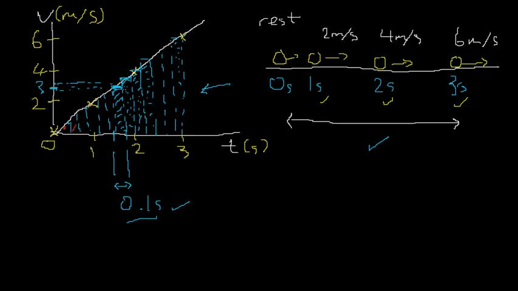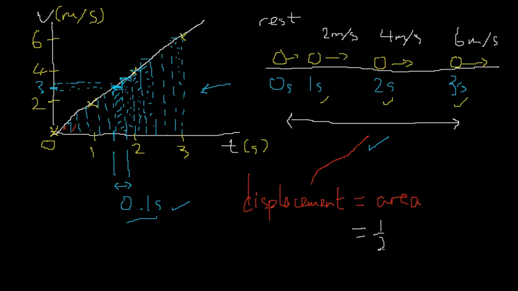Therefore, if I want to find the distance traveled, or let me be more precise, the displacement during these 3 seconds, it's just the area under the graph. Since the area in this case is a triangle, it is half base times height.